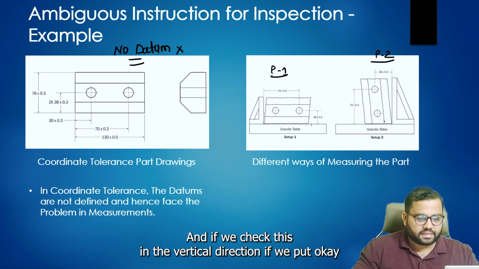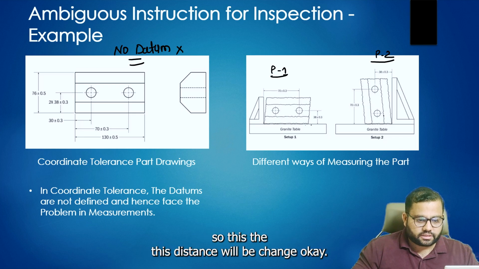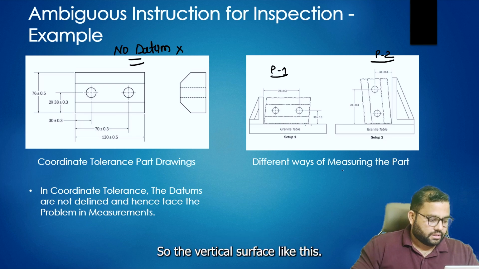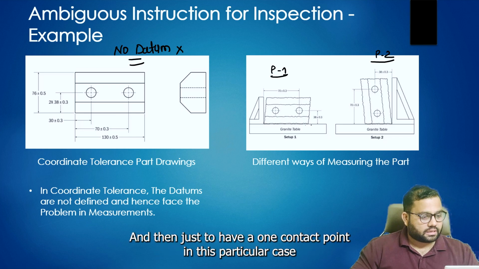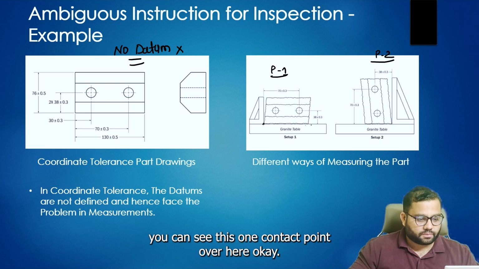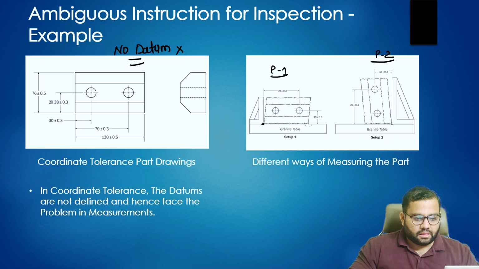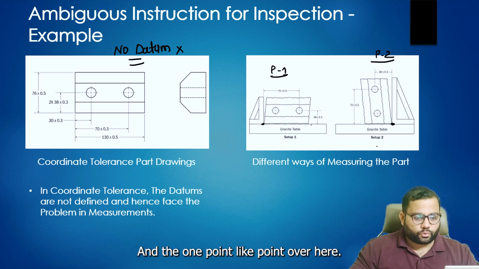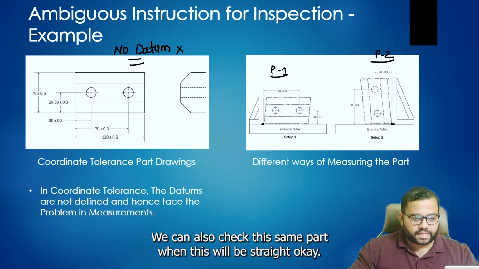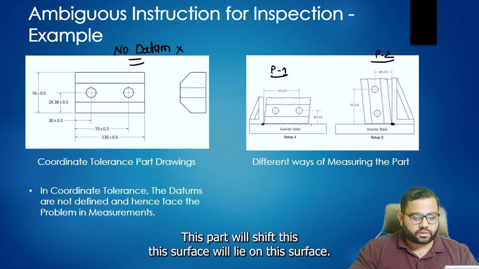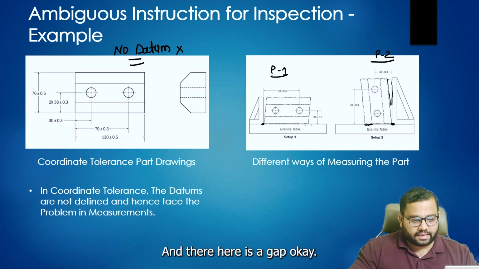And if we put it in the vertical direction, this distance will change. With a vertical surface like this, there is just one contact point here and one contact point over here. We can also check the same part when it is straight. Then this part will shift, this surface will lie on this surface, and here is a gap, so the distance will change.